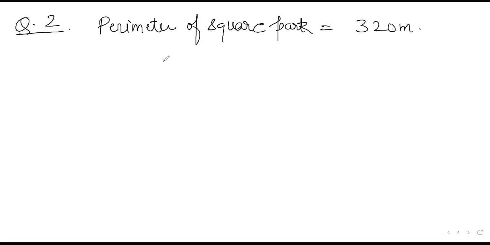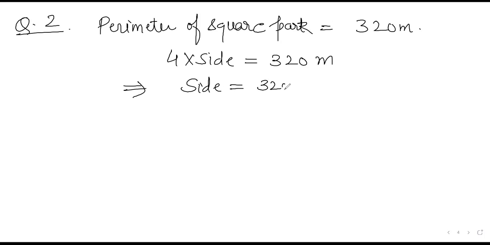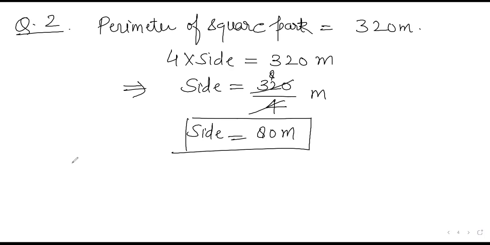Okay, so the perimeter of a square, we know, is 4 into side, which equals 320 meter. So here 4 is in multiplication, so it will be transferred to division. 4 8s are 32. That means 80 meter is the side of the square park.